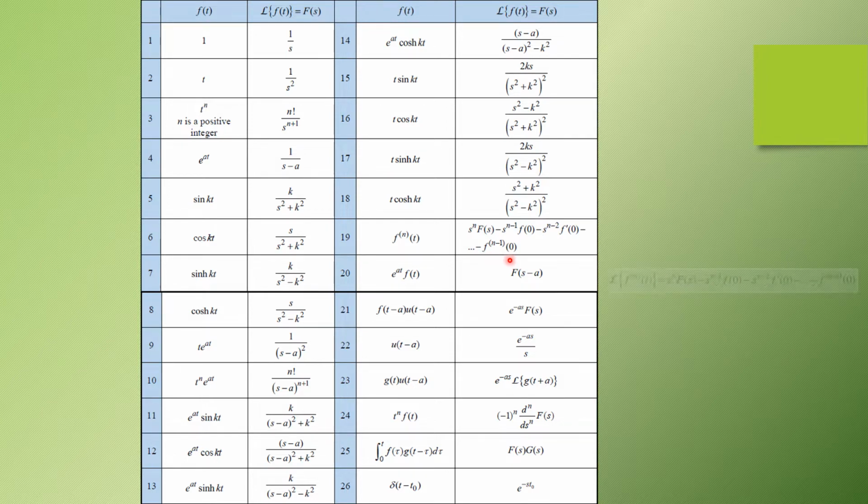So in other words, the Laplace transform of the function given in the left column is equal to the function given in the right column. In the left column, the function is expressed in terms of t. In the right column, the function is expressed in terms of s.